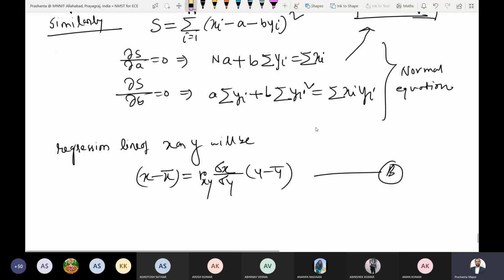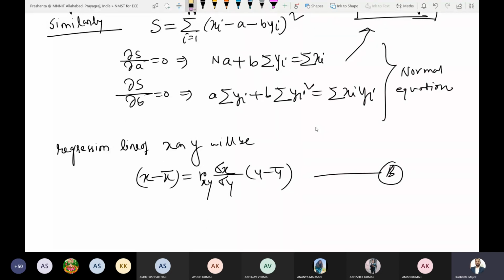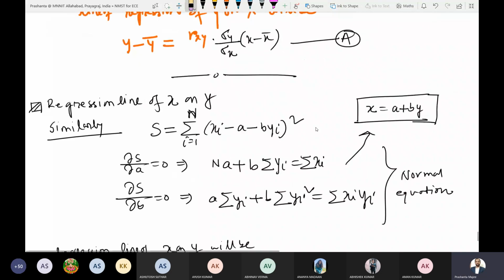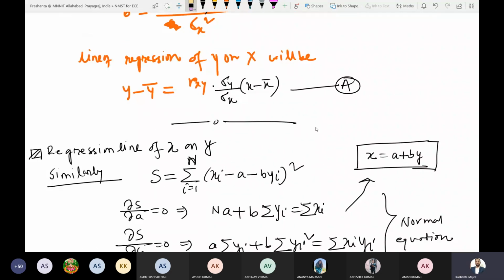Now, what will be the angle between these two lines? So what is the slope for A, the regression line of y on x? What is the slope M1 for regression line A?